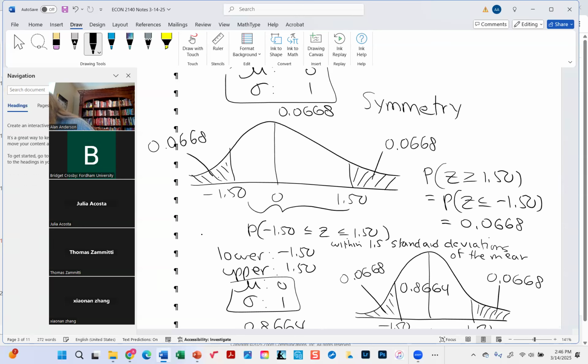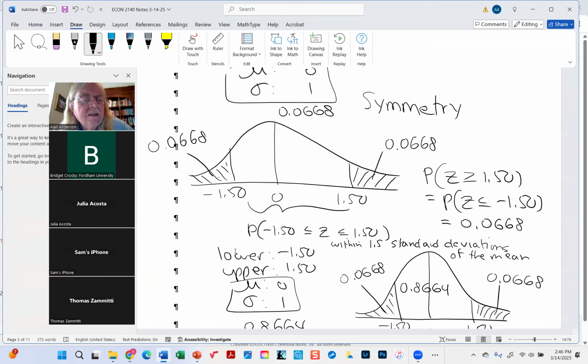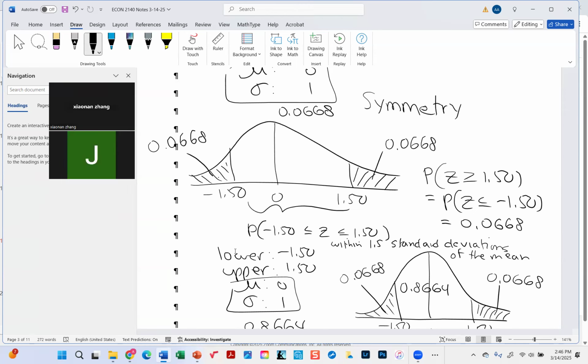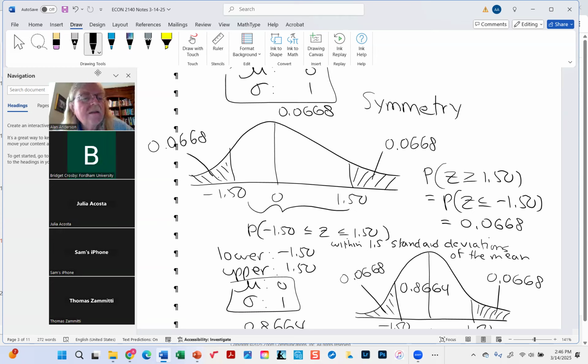Okay, well, again, we can go directly to the calculator. So that means lower and upper, or we're looking for a lower limit of negative 1.5 and upper limit of 1.5. The mean is 0, the standard deviation is 1.